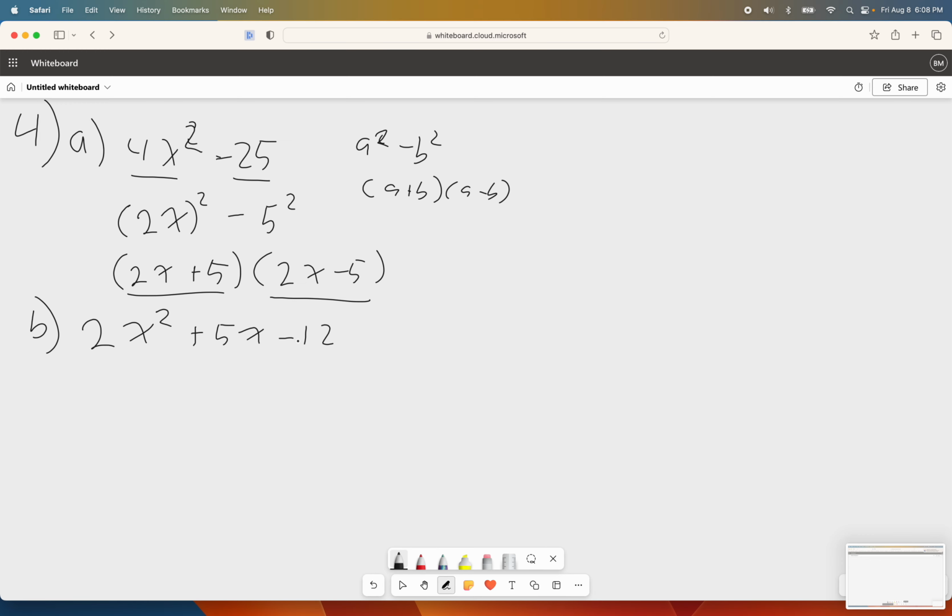So maybe we'll just guess. There are only a few things that divide this well. The factors of 12 are 2 and 6, 3 and 4. And then here's a 2. And then how do we get 5?